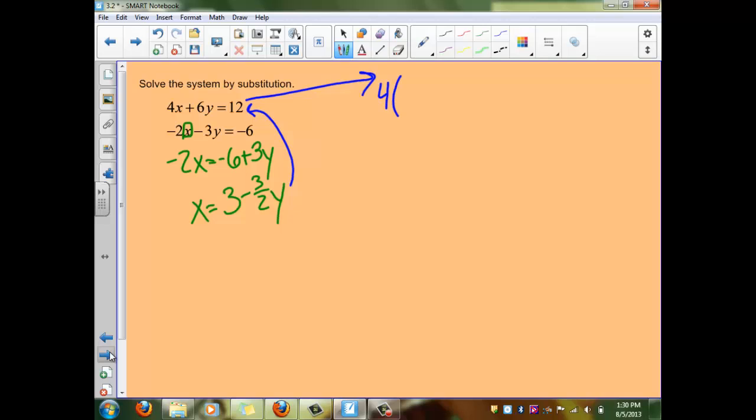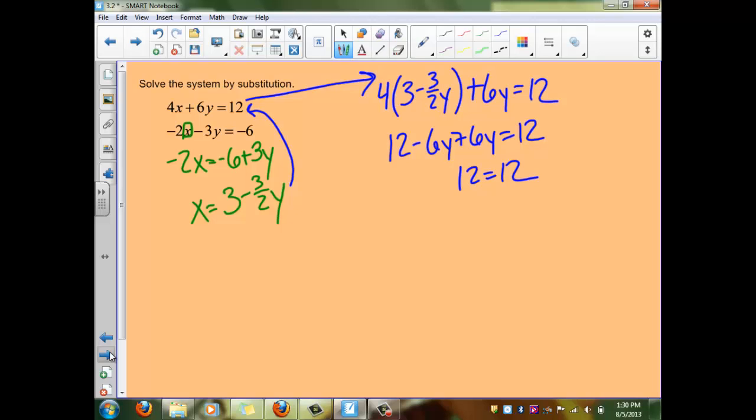So now instead of x, we'll have 3 minus 3 halves y plus 6y equals 12. Notice we get a true statement. So what this means is we have infinitely many answers, or any solutions.